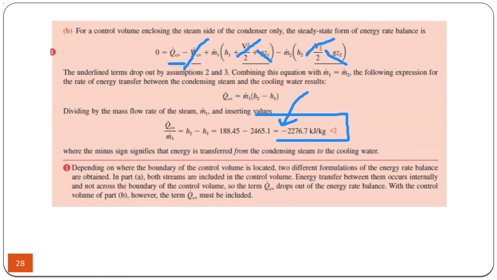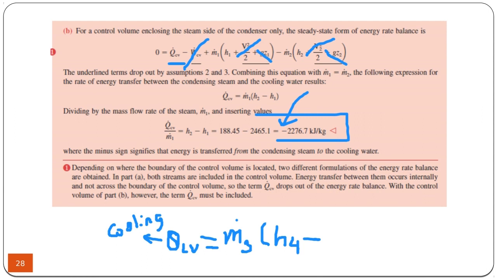If you take the cooling part as the control volume, then you can write the cooling water Q to be M3 dot, which is the mass flow rate of the water, times H4 minus H3.